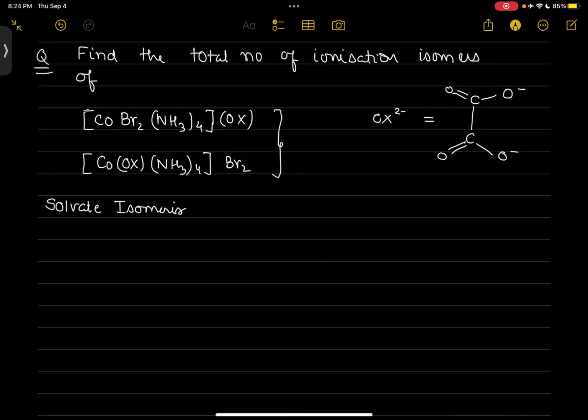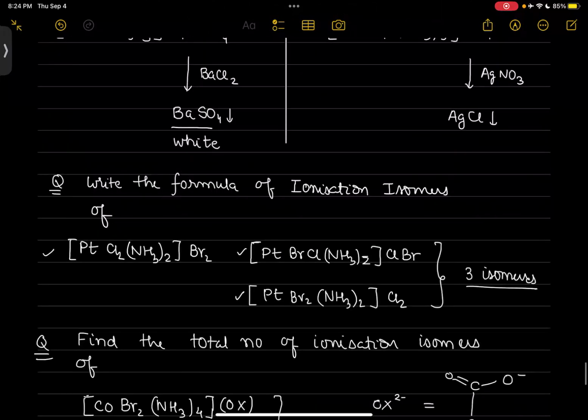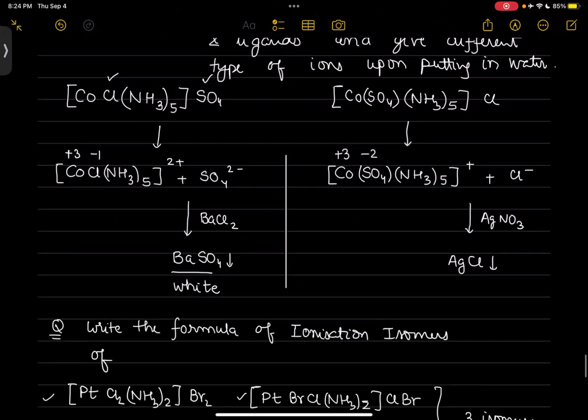And how are the solvate isomers formed? Jesslyn, Marwa, what's the other name for solvate isomerism? Ionization isomerism? No, ionization is different. In ionization, you have different ions.